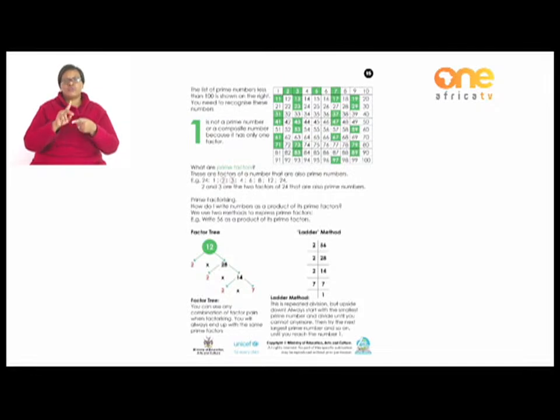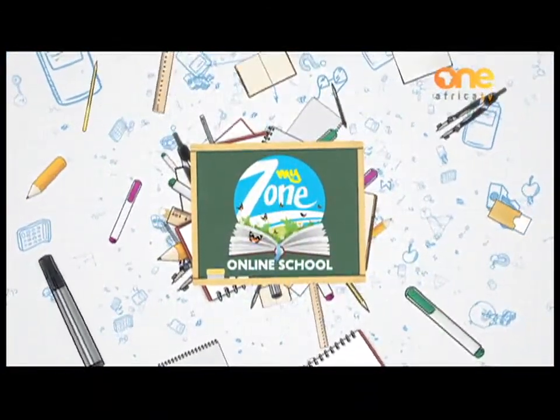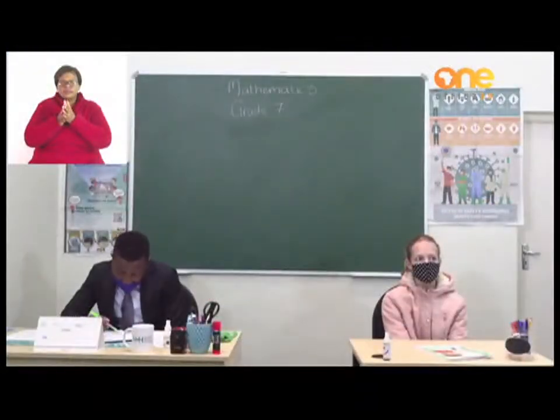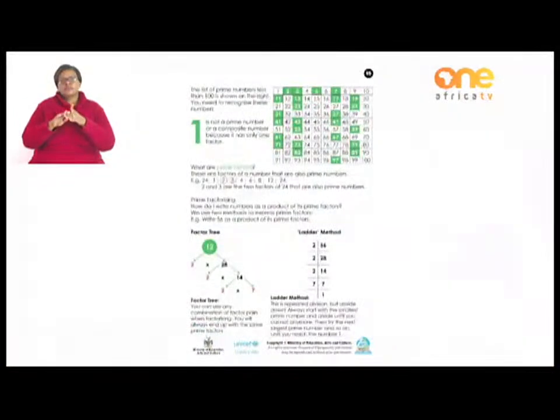We need to make a correction there at 12. It's supposed to be 56. So we just have to take out that 12 and write 56 there.